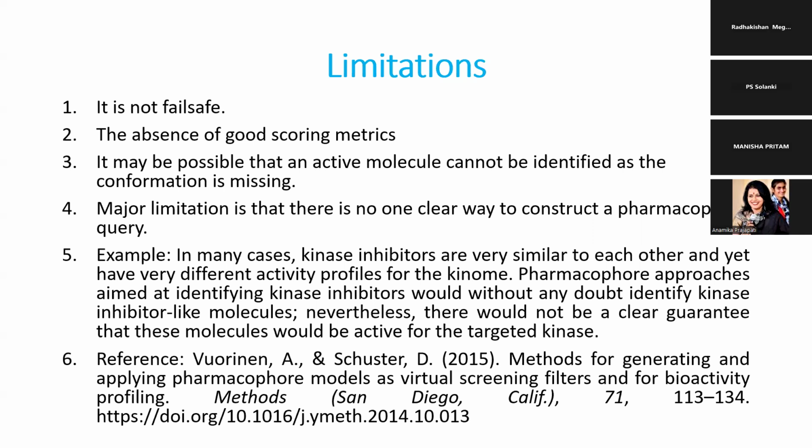It may be possible that a molecule cannot be identified if the conformation is missing. There is also a possibility that we can get some good molecules, but we can also miss active compounds. And the major limitation is that there is no one clear way to construct a pharmacophore query. You can just randomly generate your model.